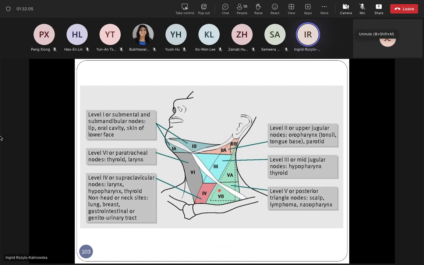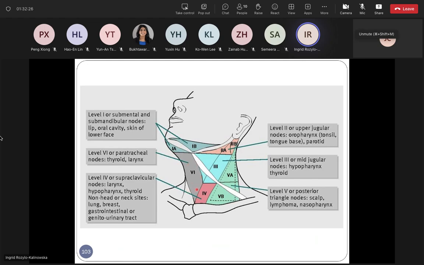Number 4 is the supraclavicular nodes. Number 5, under the sternocleidomastoid muscle, is level 5, 5A and 5B, the posterior triangle nodes. And 6 is the paratracheal nodes in front in the midline.